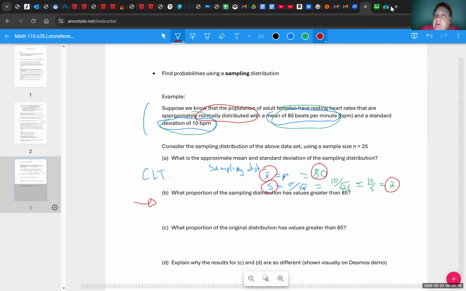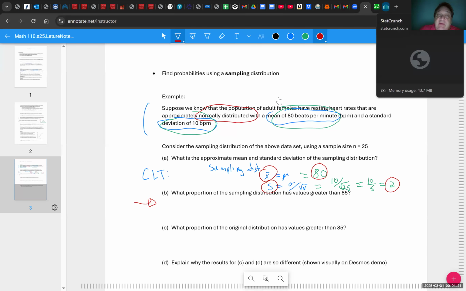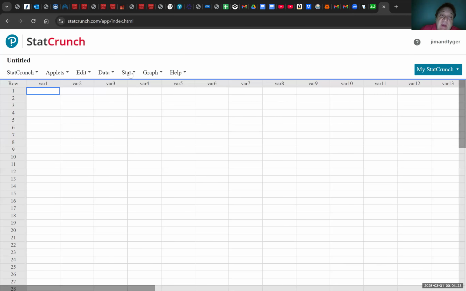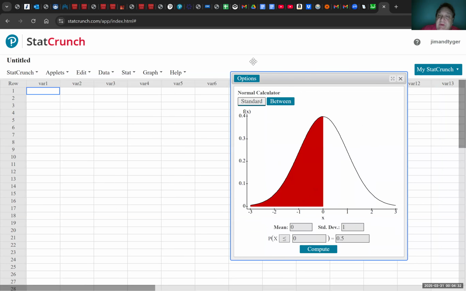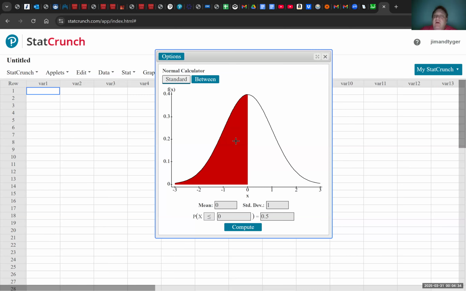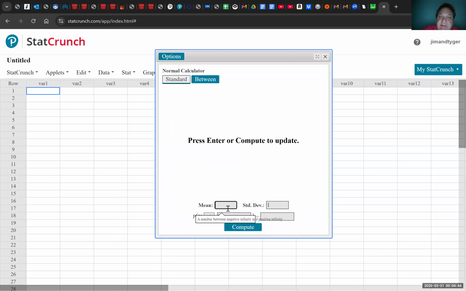Okay, so I go over to my StatCrunch. I'm going to go to my calculator, and I know it's normal, so I'm going to go to my normal calculator here, and it shows me my standard normal, but I need to make the mean and standard deviation match. My mean is 80.